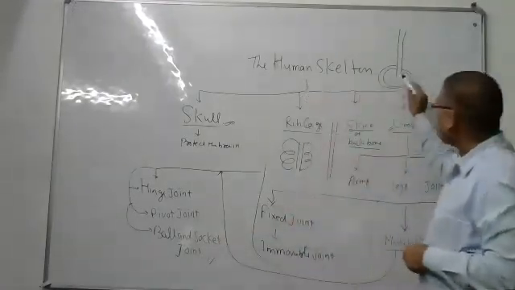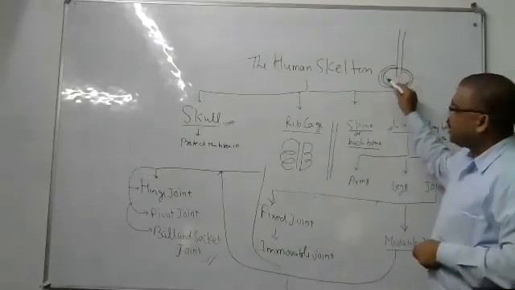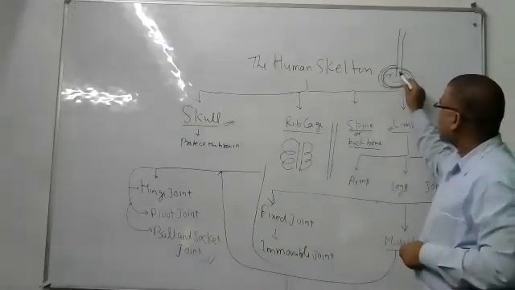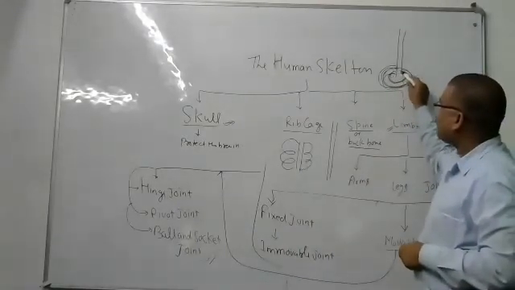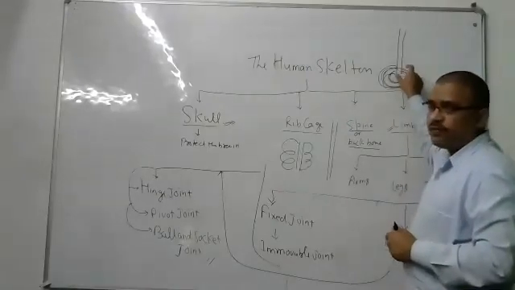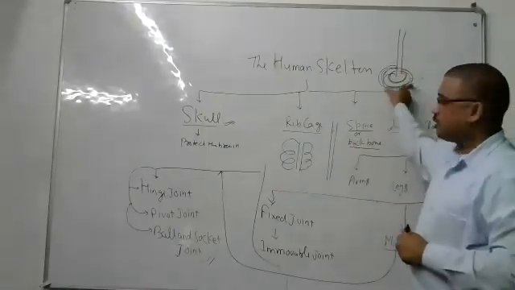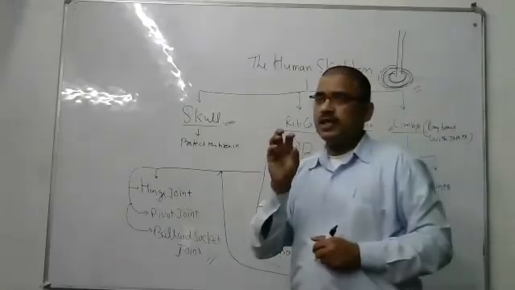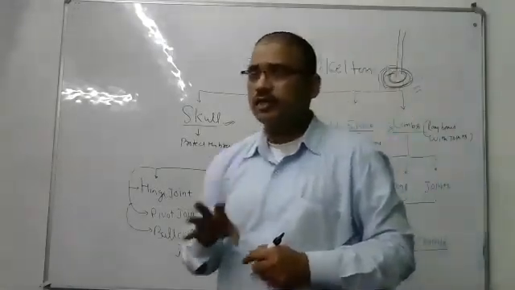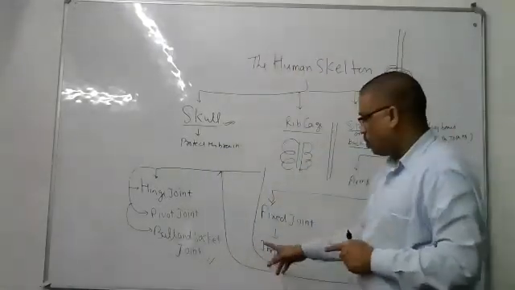There is a ball-type structure which is fixed in the socket, and that's why it is called a ball and socket joint.